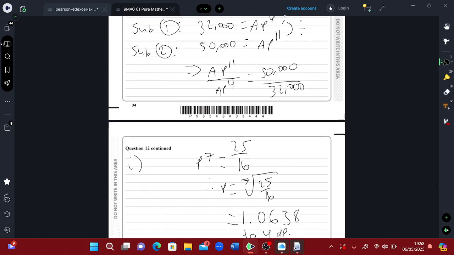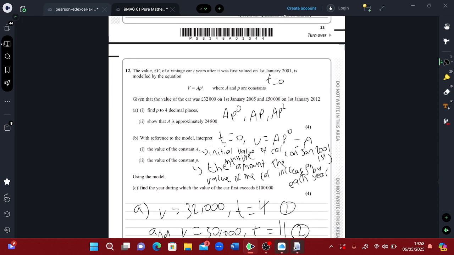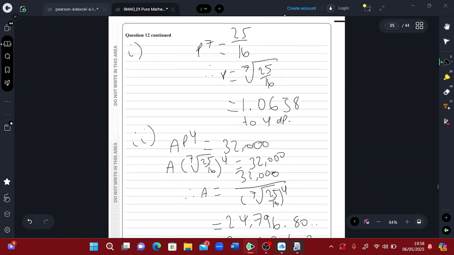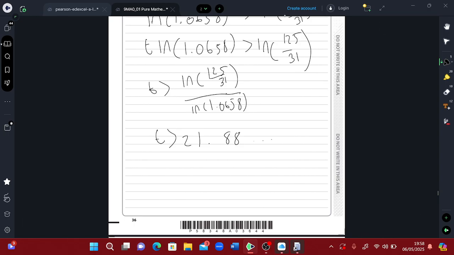Let's go back. So the year, we need to deal with whole numbers. So we need to pick the first whole number. T would be 22, as a whole number. The first year after, what is it?